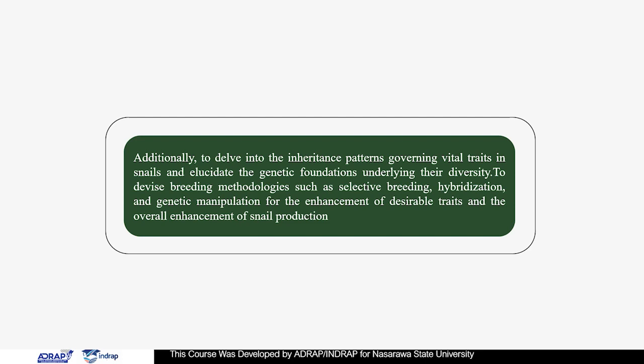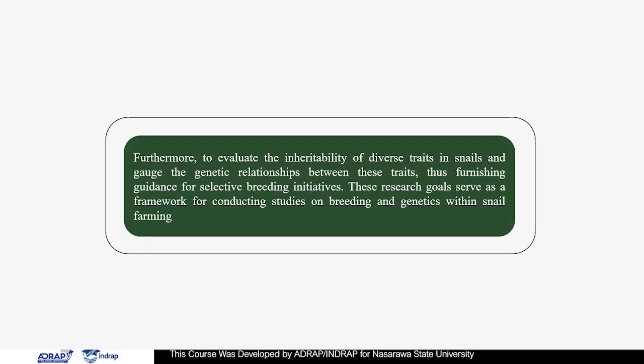To devise breeding methodologies such as selective breeding, hybridization, and genetic manipulation for the enhancement of desirable traits and overall enhancement of snail production. Furthermore, to evaluate the heritability of diverse traits in snails and gauge the genetic relationship between these traits, thus furnishing guidance for selective breeding initiatives.